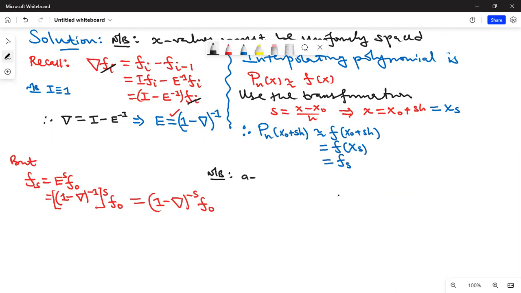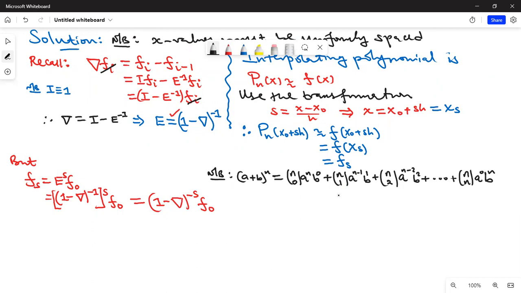A plus b raised to n is equal to n combination 0, a raised to n, b raised to 0, plus n combination 1, a raised to n minus 1, b raised to 1, plus n combination 2, a raised to n minus 2, b squared, plus so many other terms up to the last one, n combination n, a raised to 0, b raised to n.